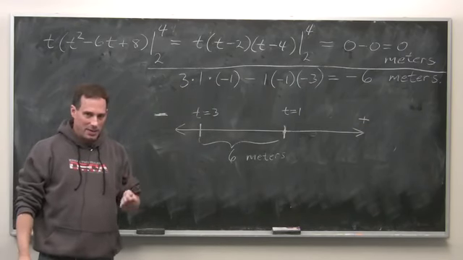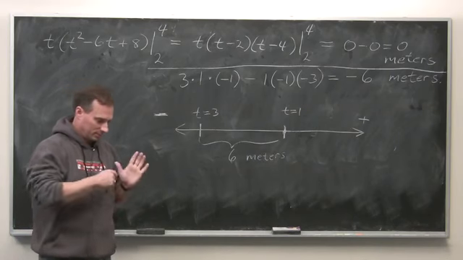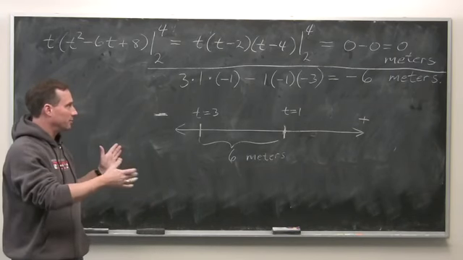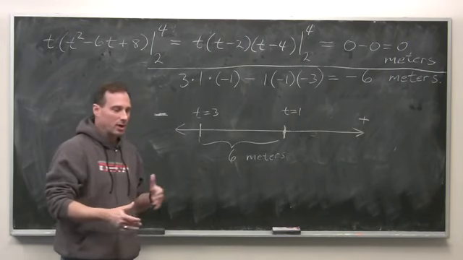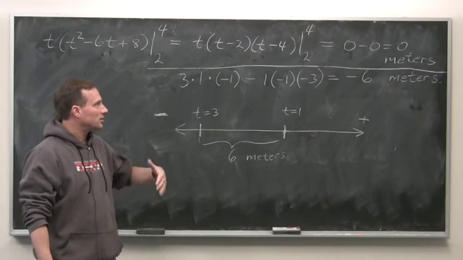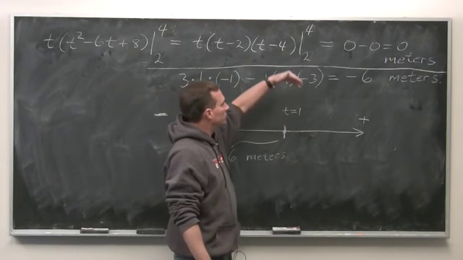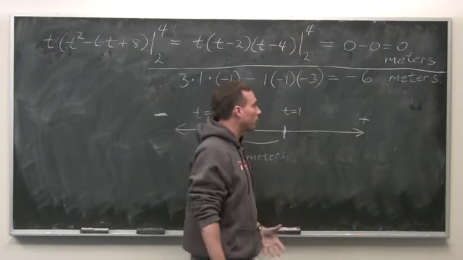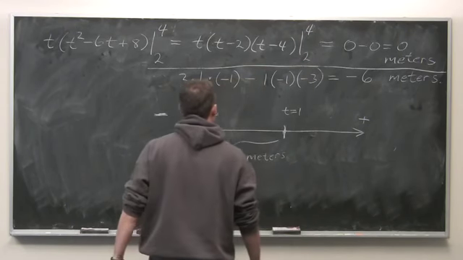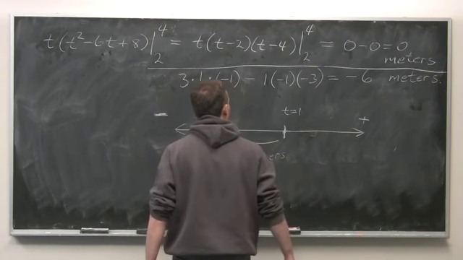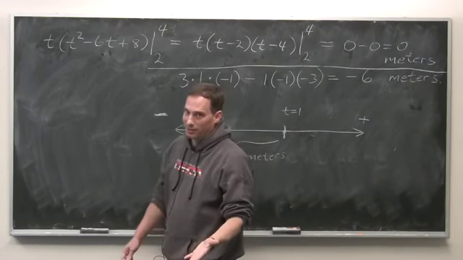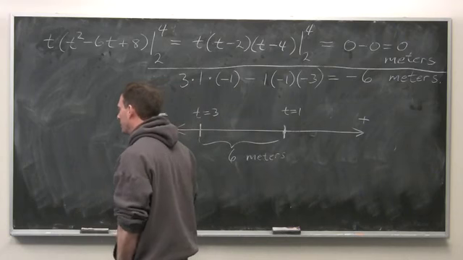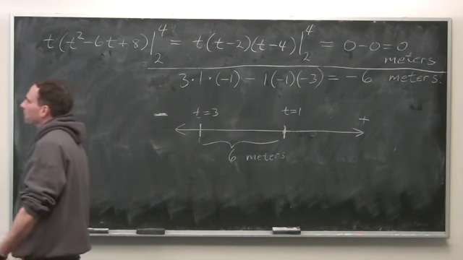That does not mean that the object didn't move during all the times between 2 and 4. It means that it just ends up back where it starts. Wherever it is at time 2, it's back there again at time 4. So the net change in position is 0, but it could have done lots of things in between 2 and 4. In fact, we'll see more clearly what it did later.